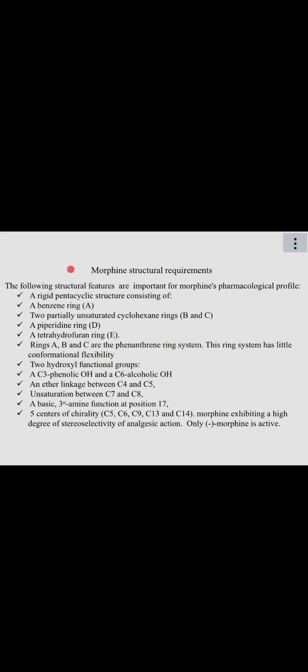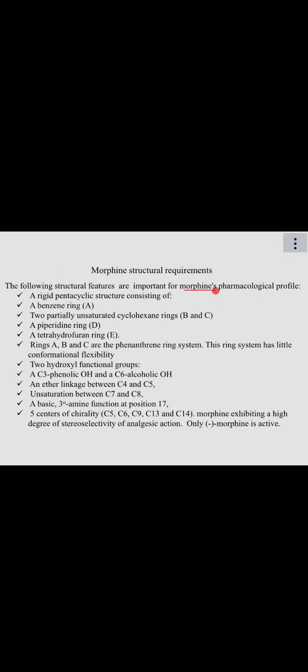So we look at the morphine structure requirements. The following structural features are important for morphine's pharmacological profile. Please understand, the following structural features are important for morphine, not for morphine analogs, for morphine itself.